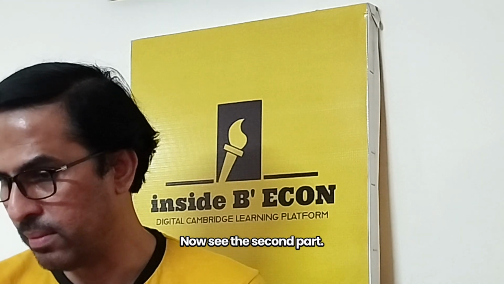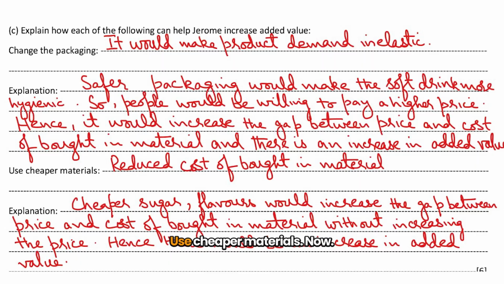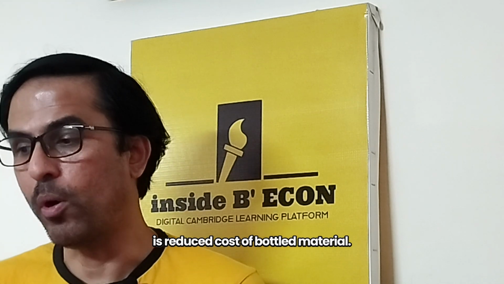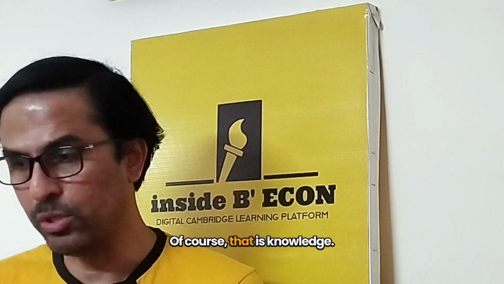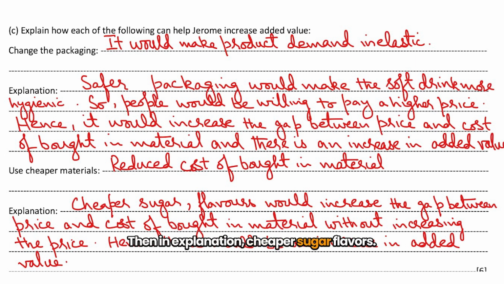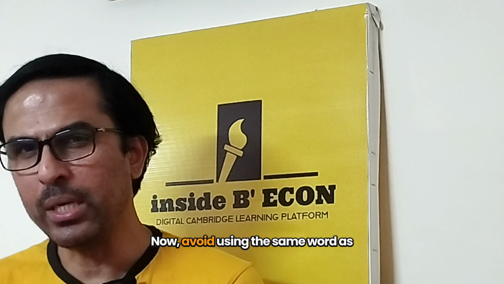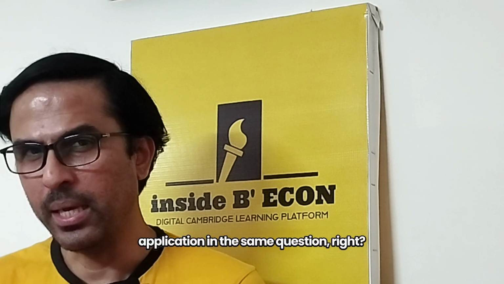Now see the second part, use cheaper materials. The knowledge shown by me is reduced cost of bought-in material. Of course, that is knowledge. Then in the explanation, cheaper sugar, flavors. This is again application. Now avoid using the same word as application in the same question.